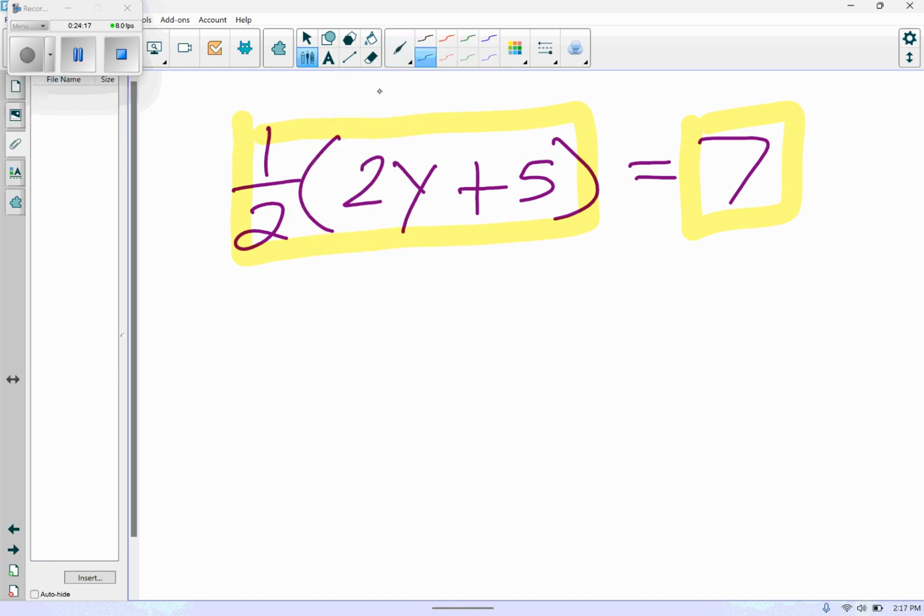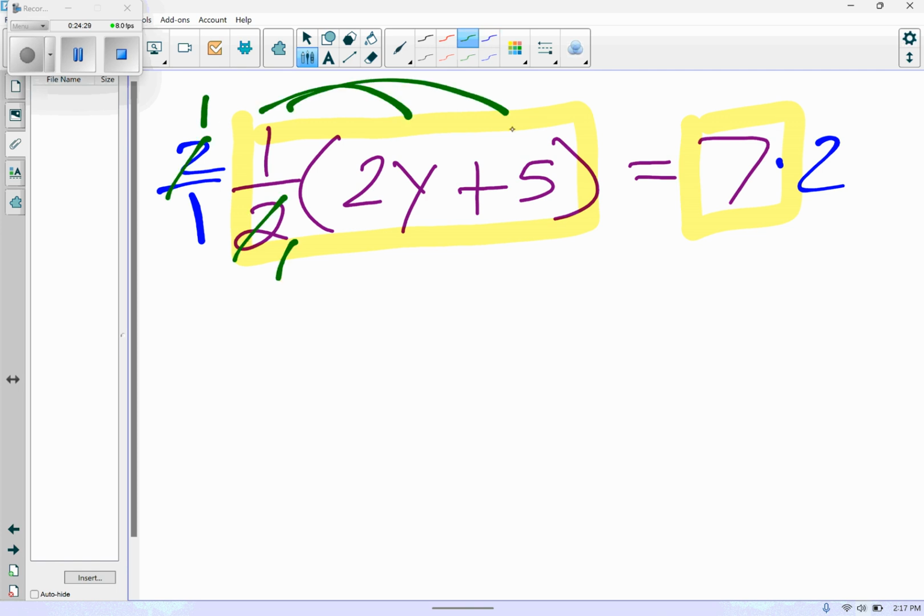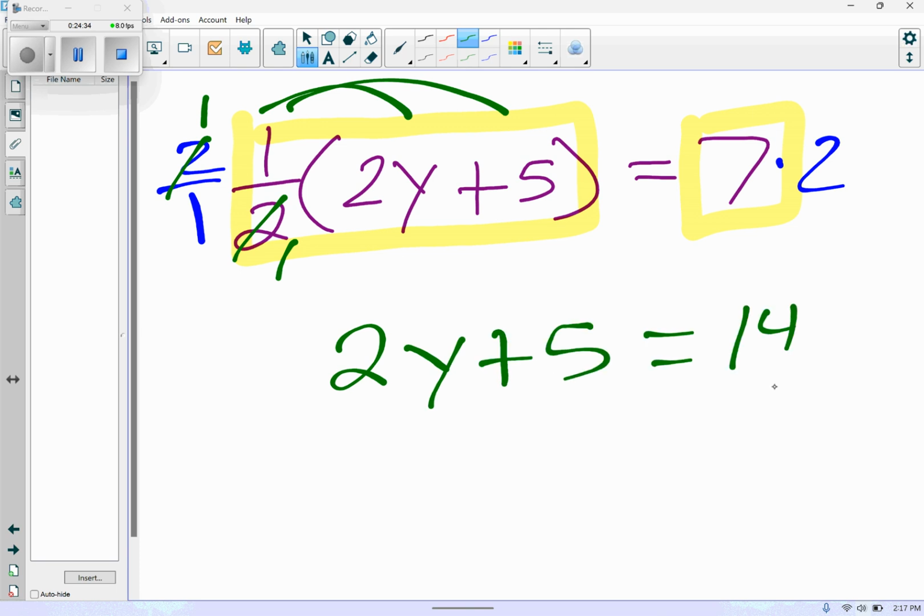Watch this. If I multiplied this by 2 over 1 and this by 2, watch what's going to happen. 2 cancels here and here. Distribute 1 over the parentheses, so I get this. And it's equal to 14. I no longer have to worry about the fraction.